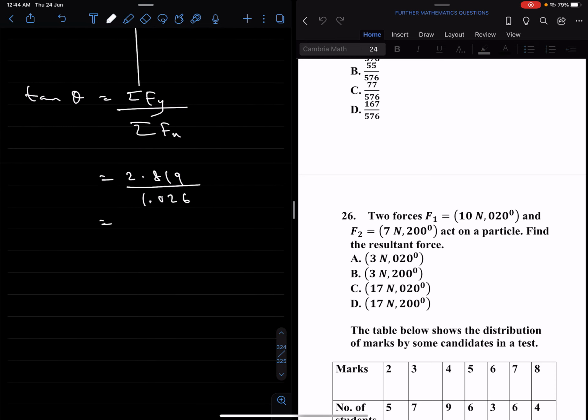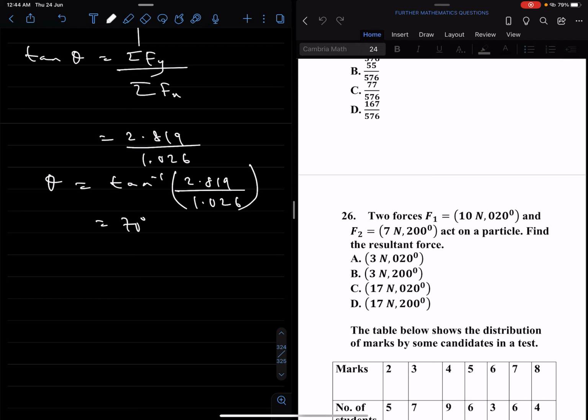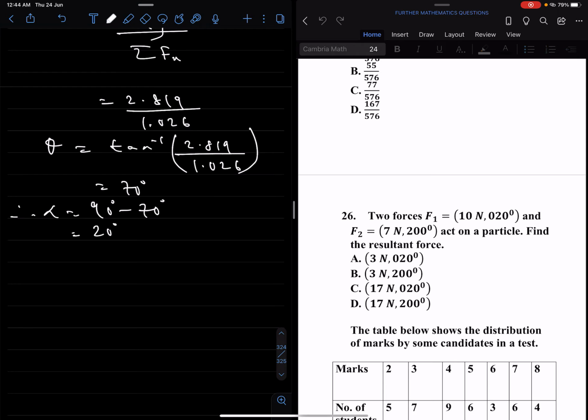That simply means theta equals tan inverse of 2.819 over 1.026, and that's 70 degrees. Therefore alpha equals 90 minus 70 degrees, which is 20 degrees.